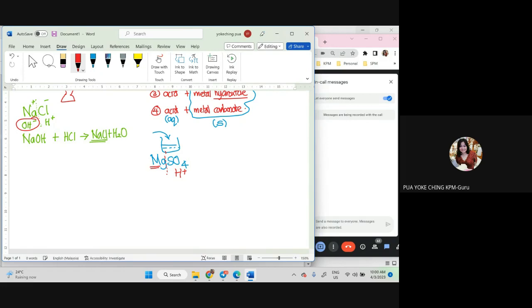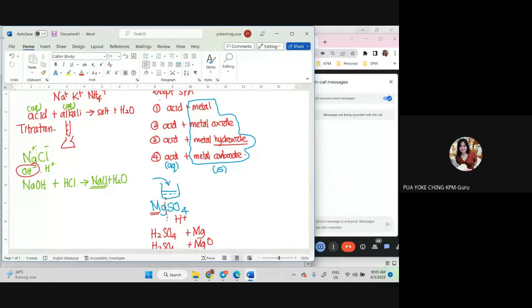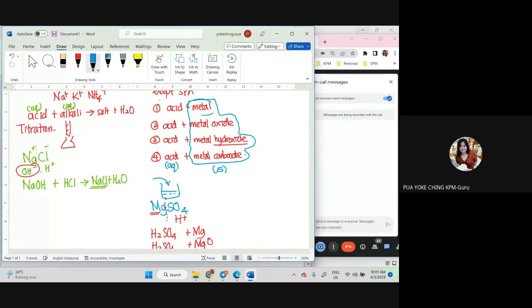So for Mg, it can be H2SO4 plus Mg, H2SO4 plus MgO, H2SO4 plus Mg(OH)2, or H2SO4 plus MgCO3. So there are 4, any can be used, because Mg, MgO, Mg hydroxide and Mg carbonate can all be solid. Only for the first method, acid plus metal, you must remember that the metal is only suitable for reactive metal.